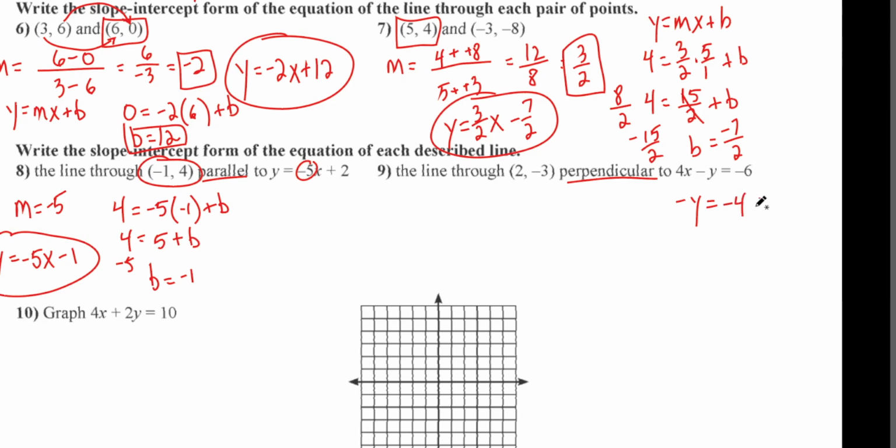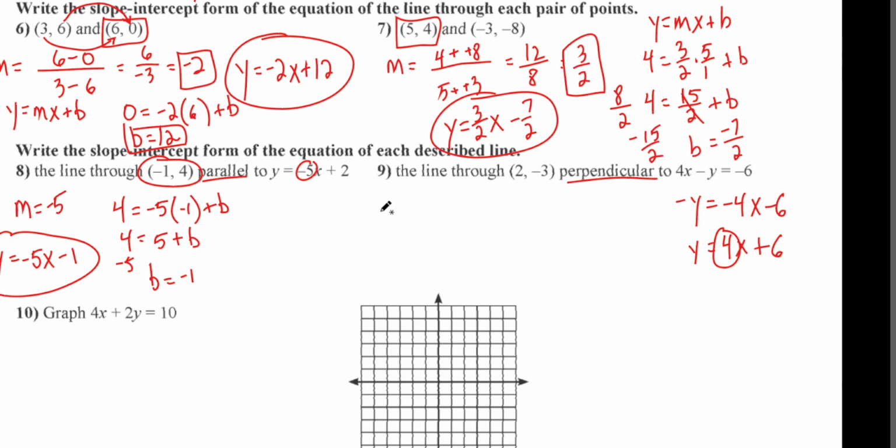Bring the 4x to the other side. Divide everything by negative 1. So that's the equation of that line. What am I looking for on that one? I'm looking for the slope. Now, the slope of that line is 4. What's the slope of the line that I'm trying to find?